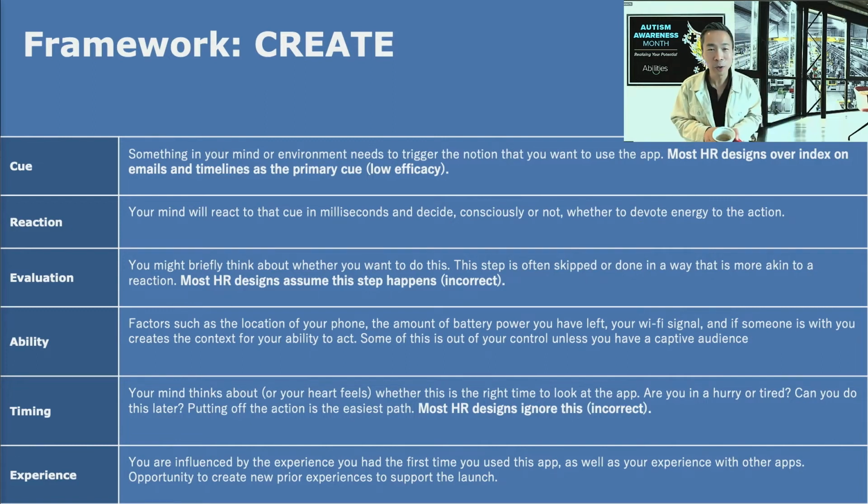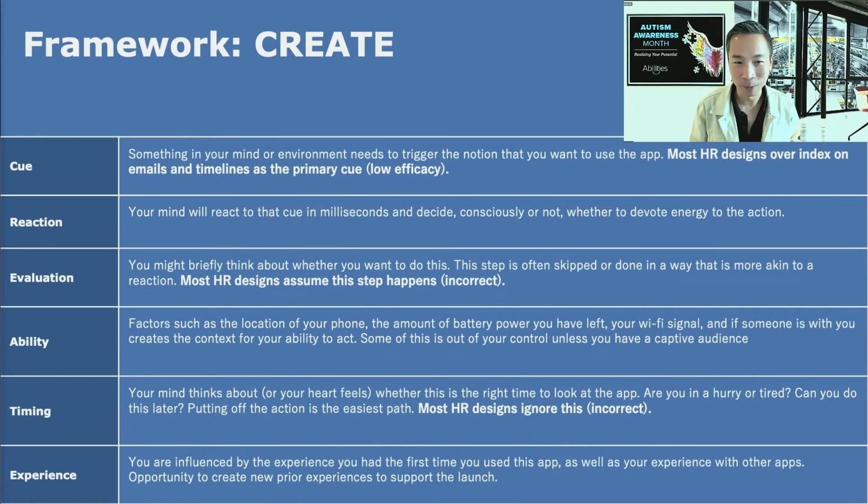So in our HR app example, John Doe or Jane Doe, well, let's say Min. So something in my mind or environment needs to trigger the notion in my mind that I want to use this app. Okay, that's the cue. Most HR designs over-index on emails and timelines as the primary cue.